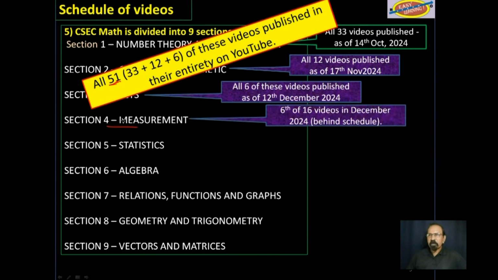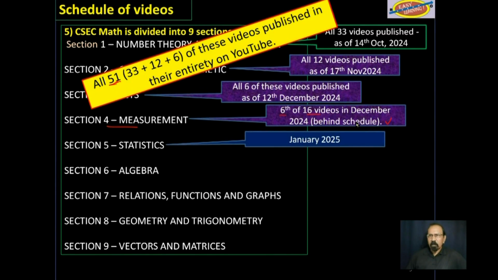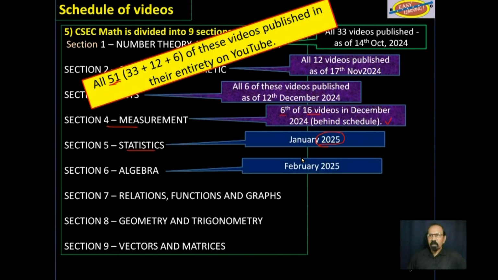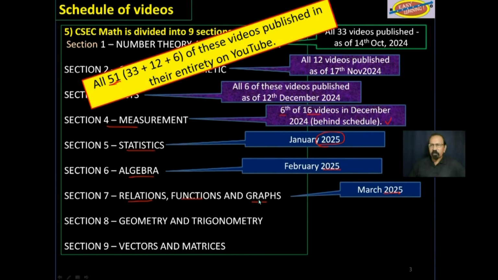Section 4, measurement. This is the 6th of 16 videos, and I'm somewhat behind schedule. By January 2025, hopefully. Statistics, section 5. February 2025, algebra. March 2025, relations, functions, and graphs.